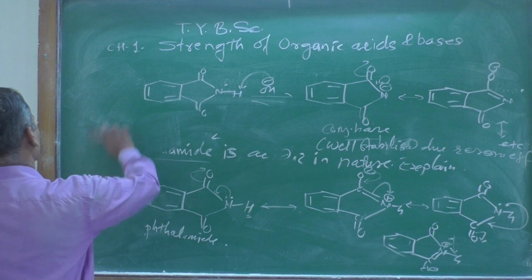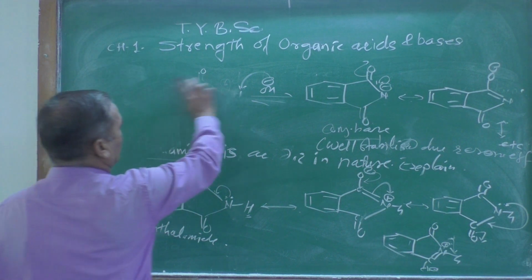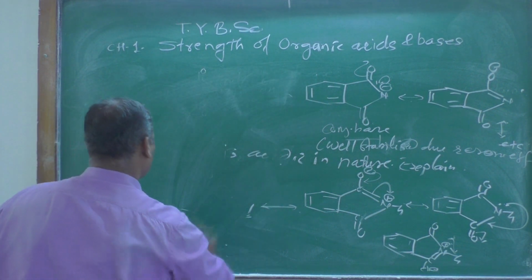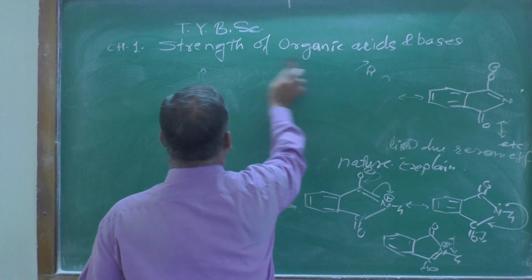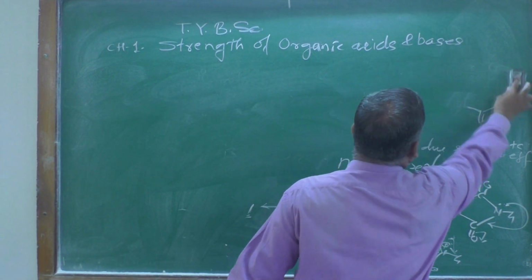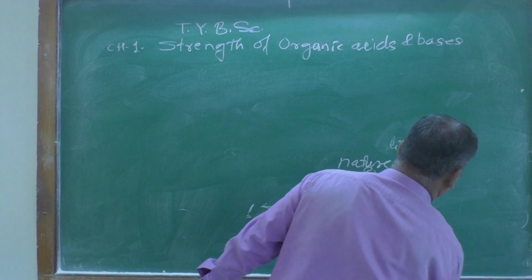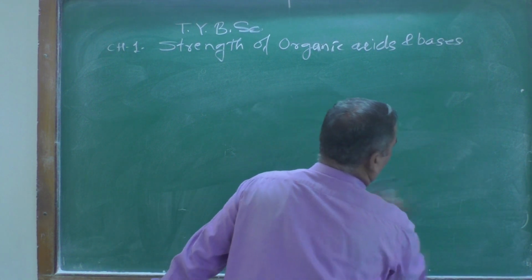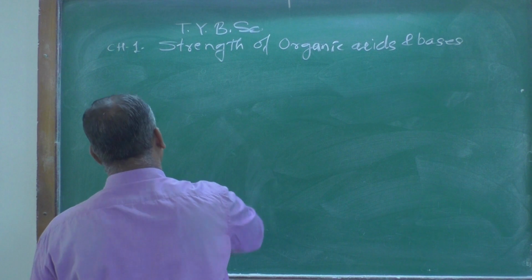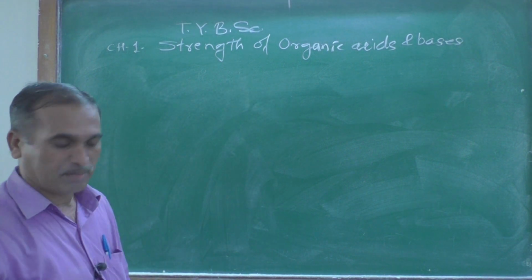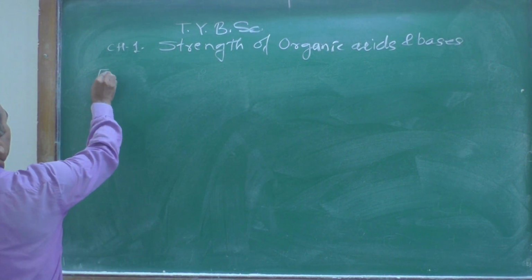This is the application number 4. I think the application number 5 will be, let us see here, application number 5. What is that? Now is the application number 5.